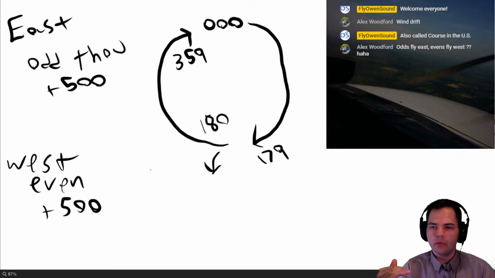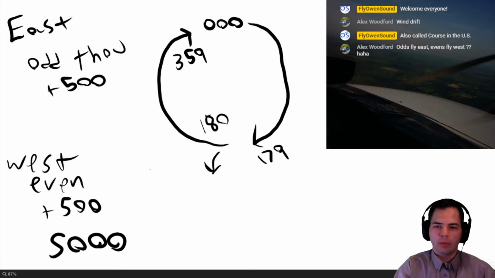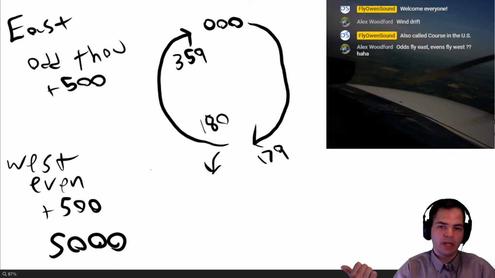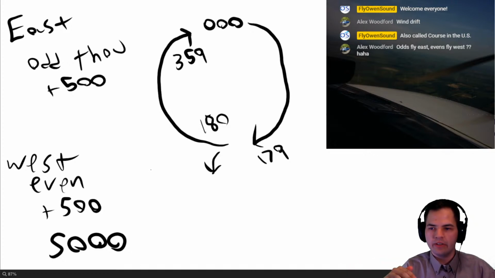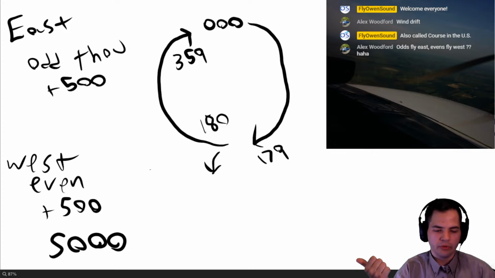And then C would be, say, 5,000 feet. Well, the problem with 5,000 is if we're VFR, we can't fly at 5,000 in cruise because that is an IFR altitude, assuming that these orders apply. I wouldn't be able to fly at 5,000 because the IFR guys don't add 500 feet. So that wouldn't be the right answer.